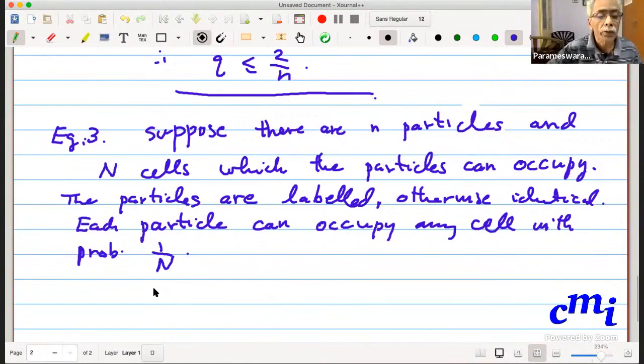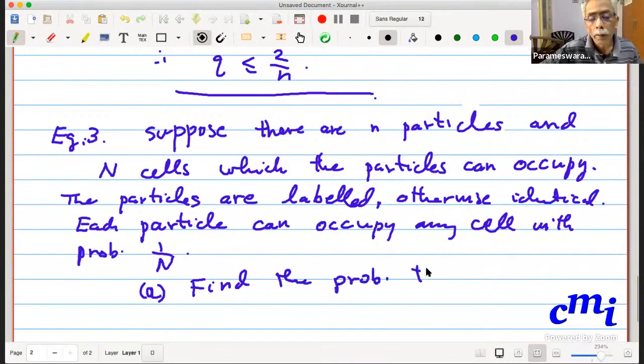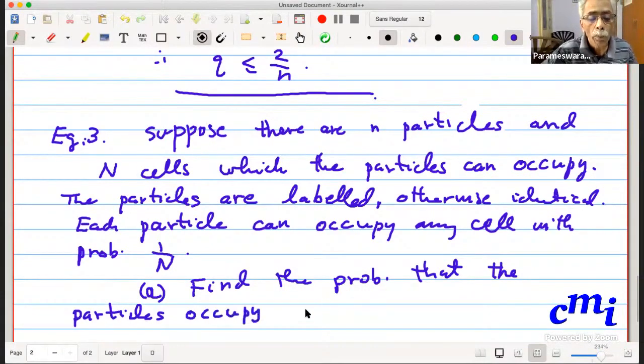Now there are two questions. Let me call this A. Find the probability that the n particles occupy n given cells, one in each cell.